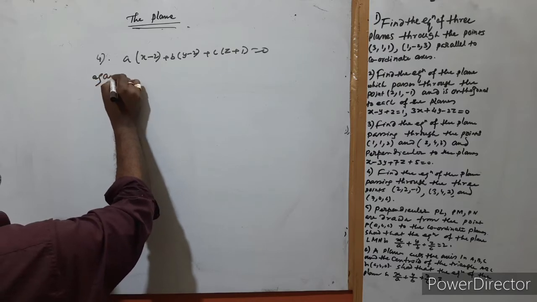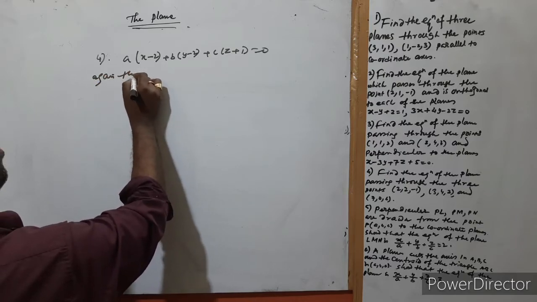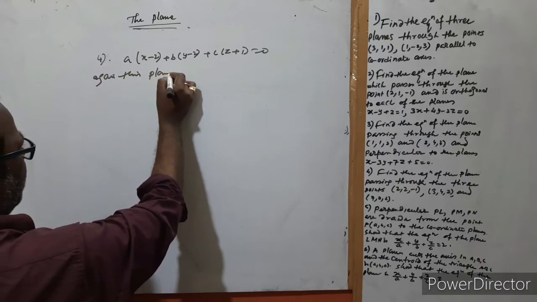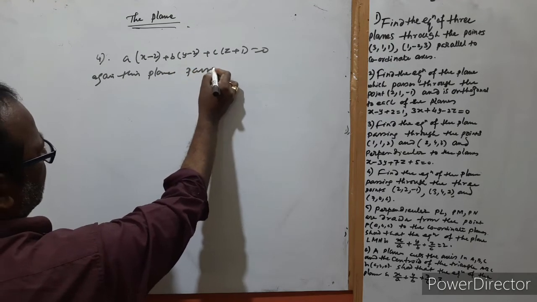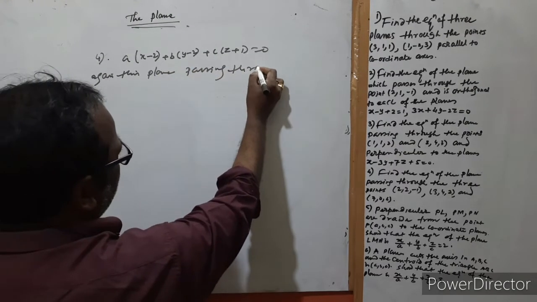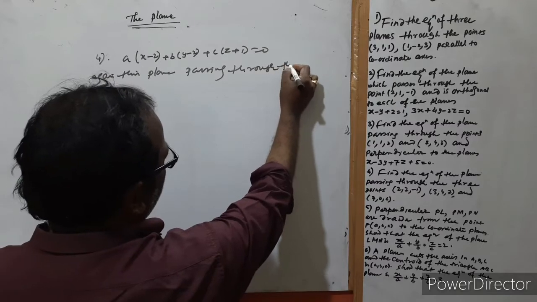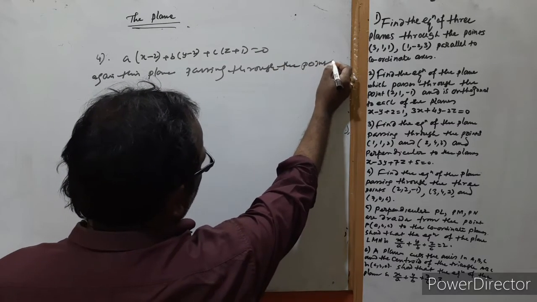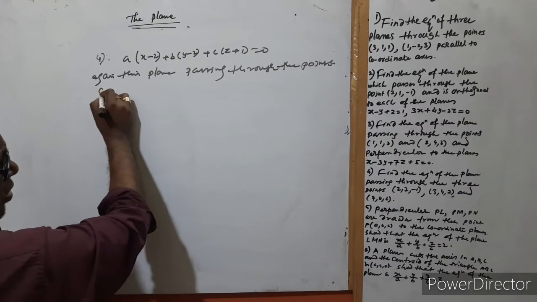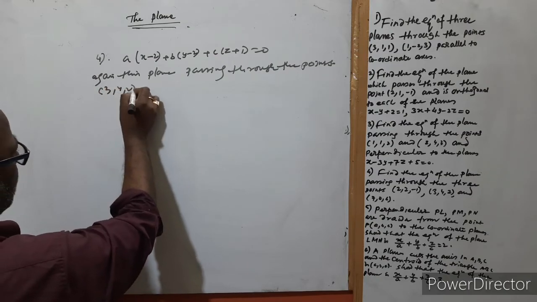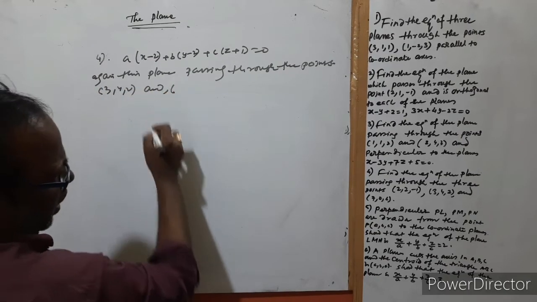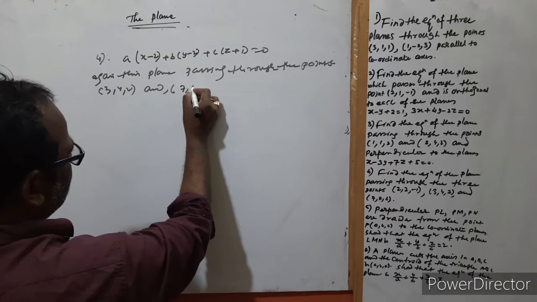Again, this plane passes through the points 3, 4, 2 and 7, 0, 6.